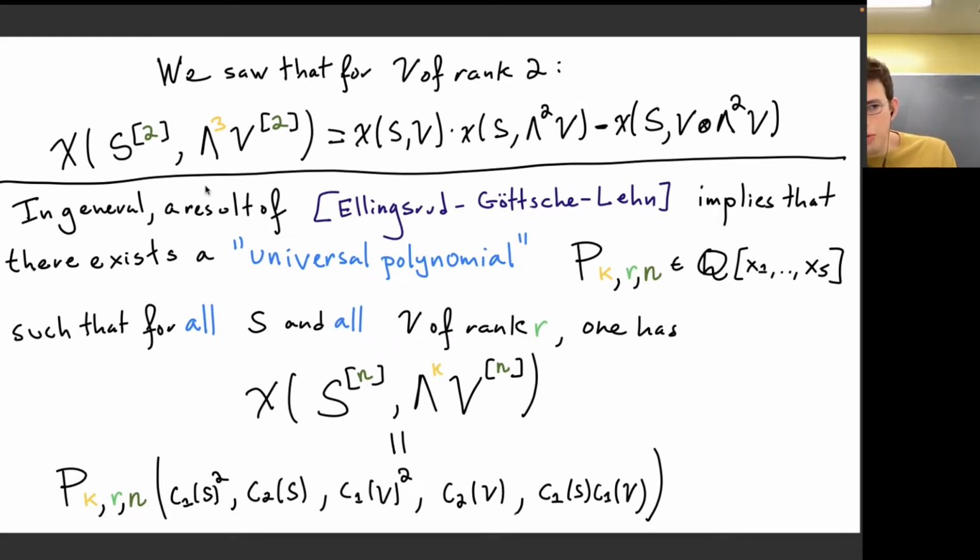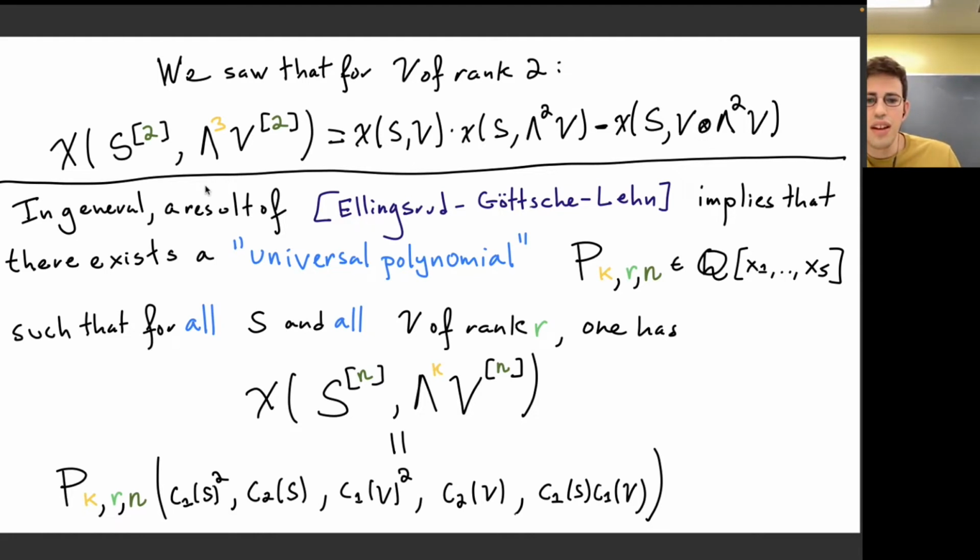And this polynomial will grow in complexity as the inputs in the problem grow in complexity, so as the rank increases, or as we take bigger exterior powers. But in general, there's some kind of universal result that works for Hilbert schemes on surfaces and Hilbert schemes on curves, which implies the following.